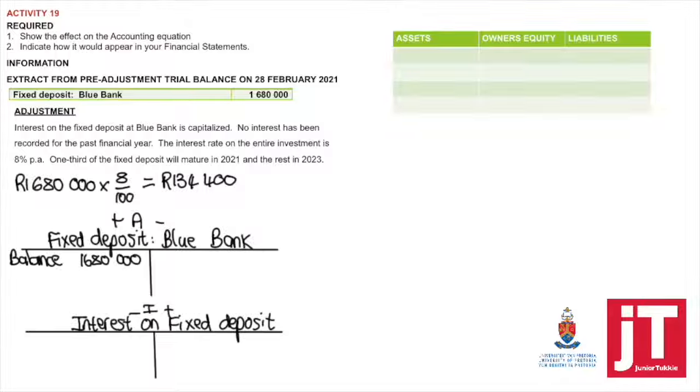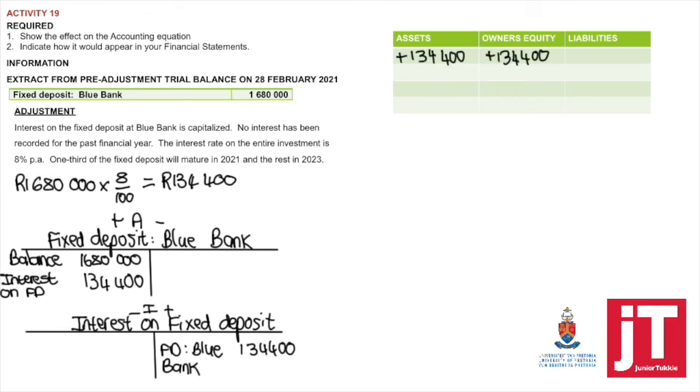So we have a balance from the pre-adjustment trial balance brought down, 1,680,000, plus the interest, 134,400. Interest on fixed deposit is going to be credited. Effect on the accounting equation, plus assets, plus owner's equity.